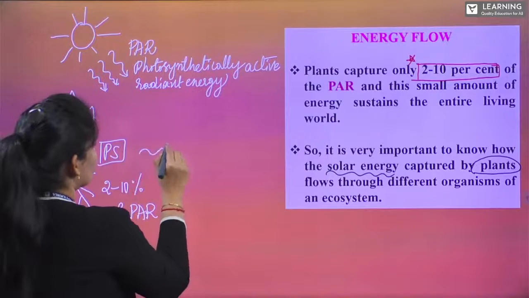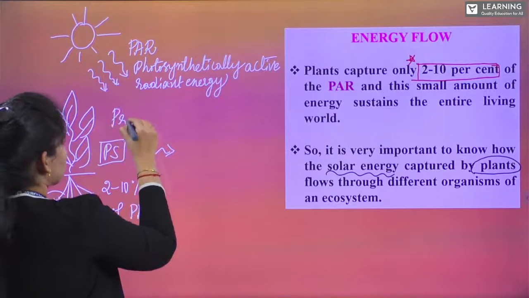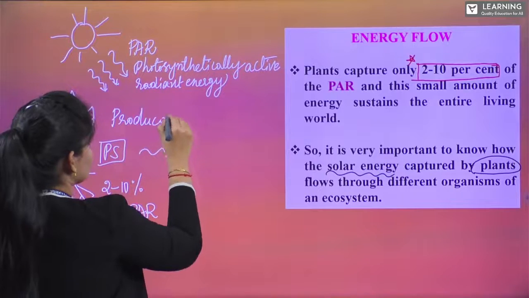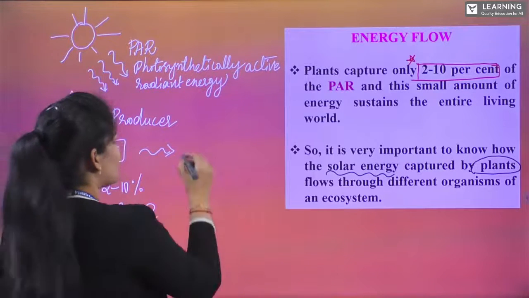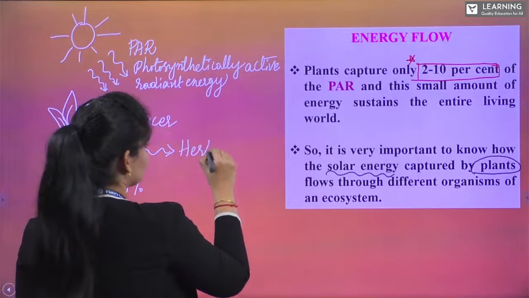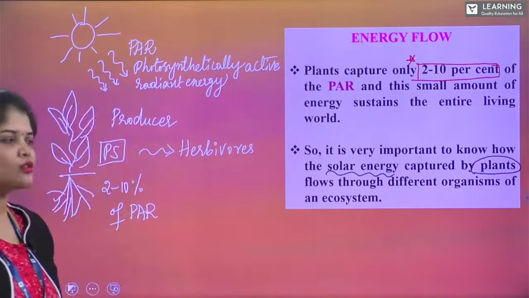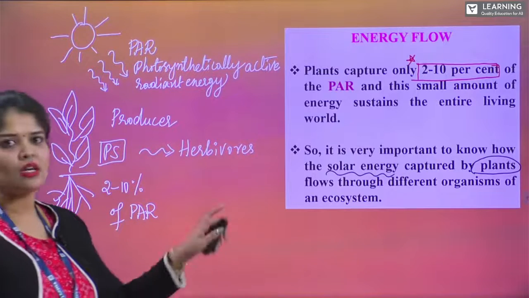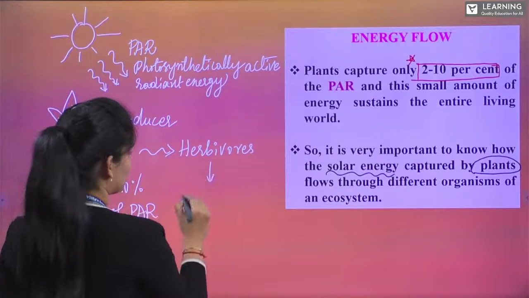Now, as this is the producer, it is consumed by another level, what we call the herbivores. Right? Now, these herbivores will further move on to the carnivores. So, this is how it happens.